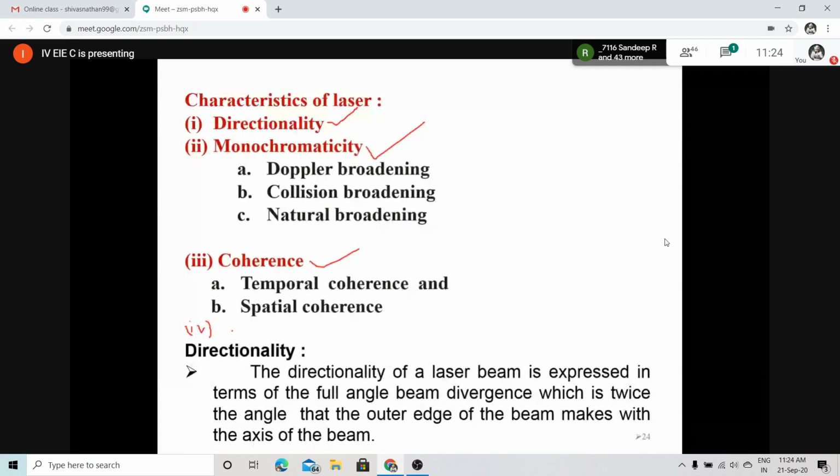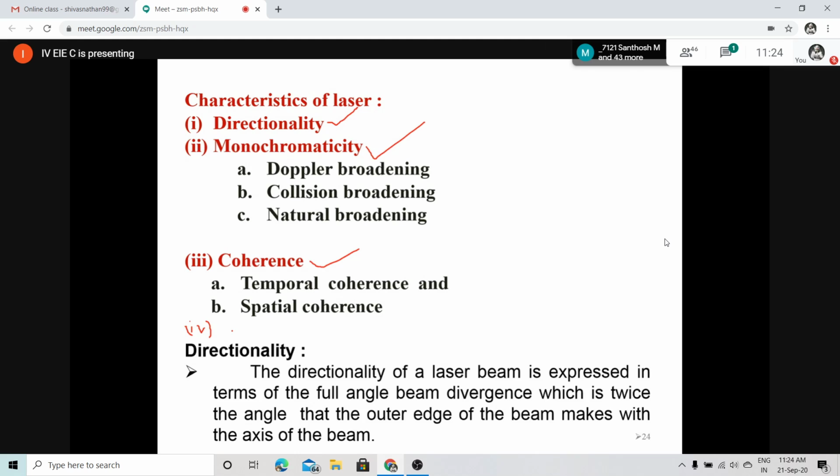Clear? Okay. Now, coming to directionality. When a laser beam is put away from an optical resonator, it is going to be expressed in terms of full angle beam divergence. The answer is, it is going to be expressed in terms of what? Full angle beam divergence, which is twice the angle of the outer edge of the beam.